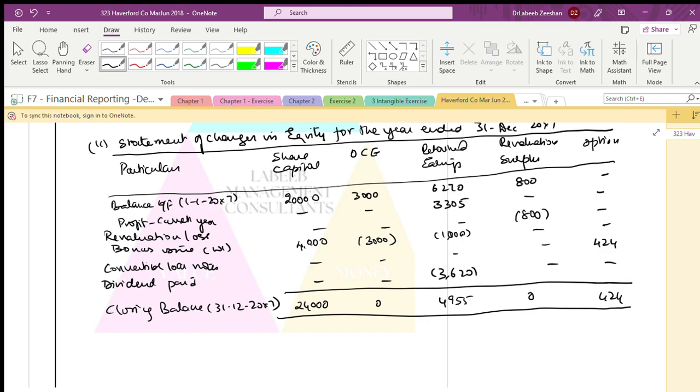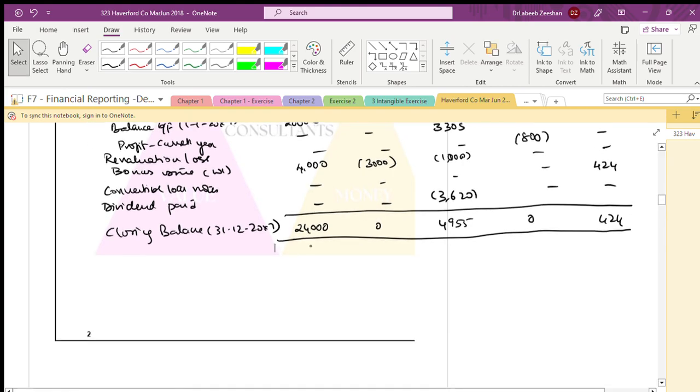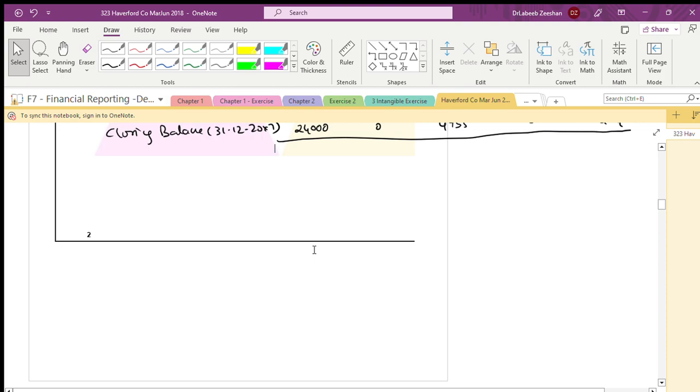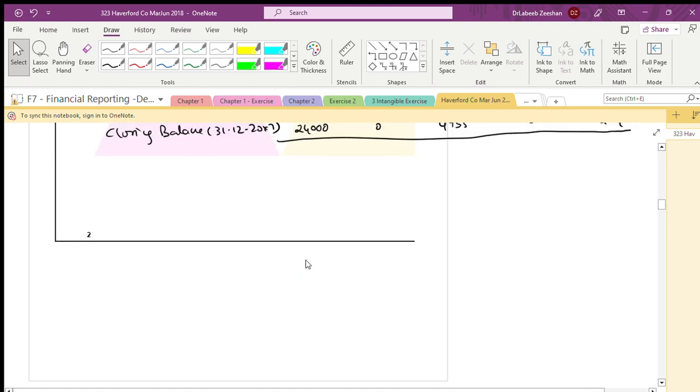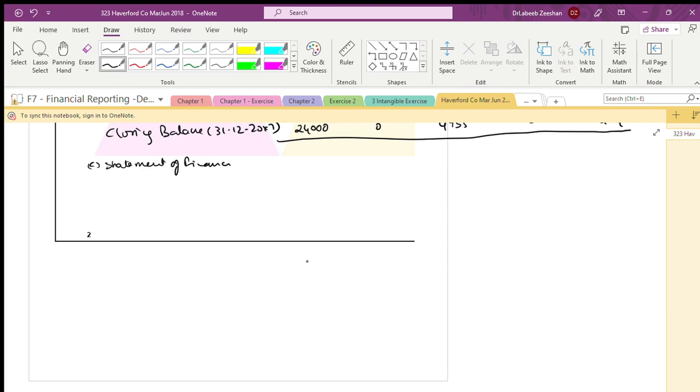This is for 6 marks. That's all, as simple as that. It's not that difficult. Next, the last one is C, the statement of financial position.